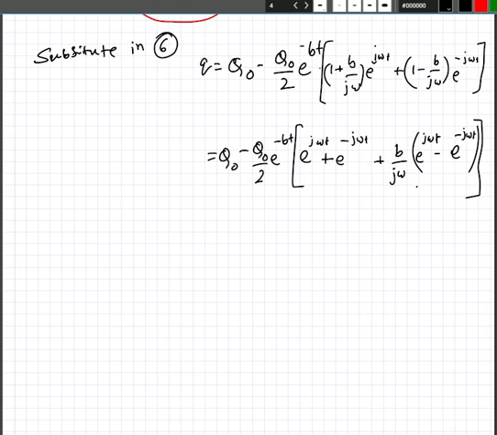We just do some rearranging of the terms. I will bring 2 outside.